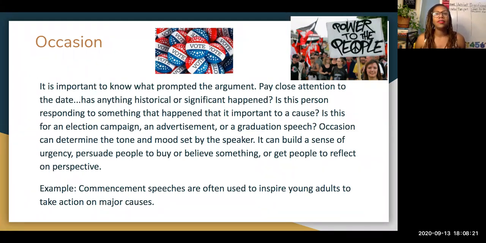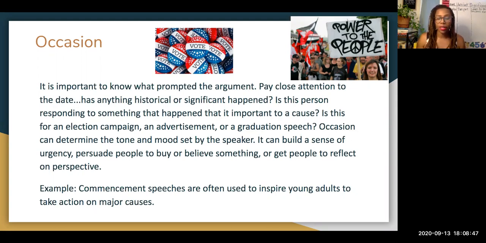There are a lot of times that maybe we're not convinced to act on something until something happens. So the occasion sets that tone, and the speaker has to really respond to that occasion. Just keep in mind the occasion is incredibly important. It's what brings the speaker to speak in the first place.